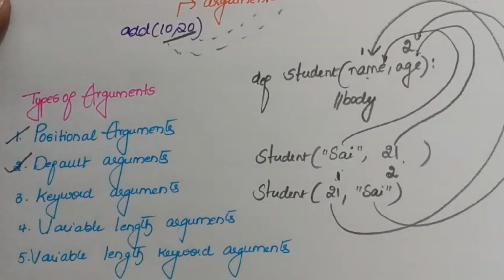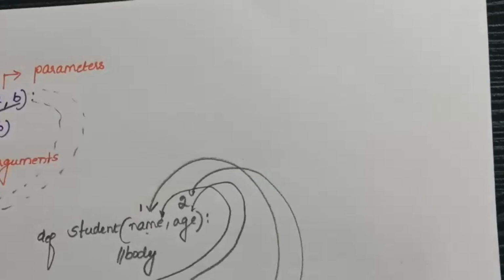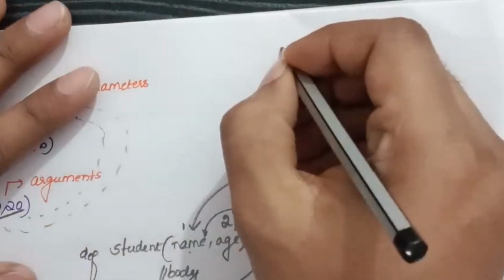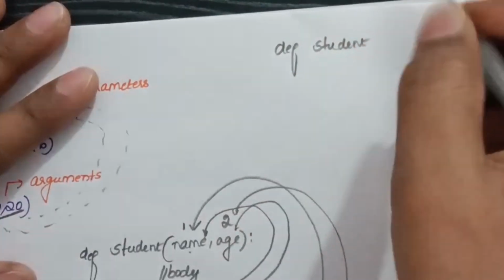Second type is default arguments. Default arguments are parameters that have a default value assigned during function definition. If the user does not provide a value for the parameter while calling the function, Python will use the default value automatically. Means, let's say we have a function student itself. Def student, it has two parameters.